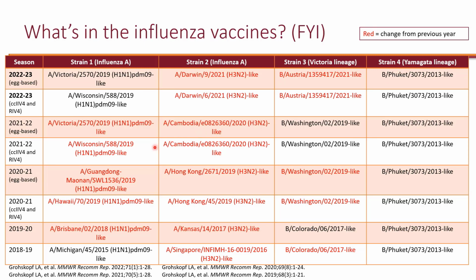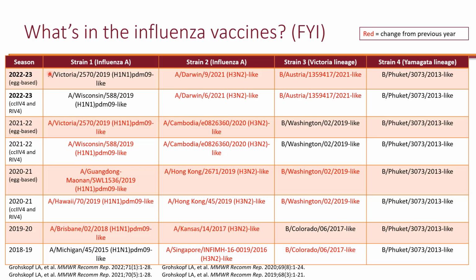Now, for this year, the strains basically differ between the egg-based vaccines and non-egg-based vaccines, so either cell-cultured or recombinant vaccine, and I'll explain what the differences are between those vaccines.